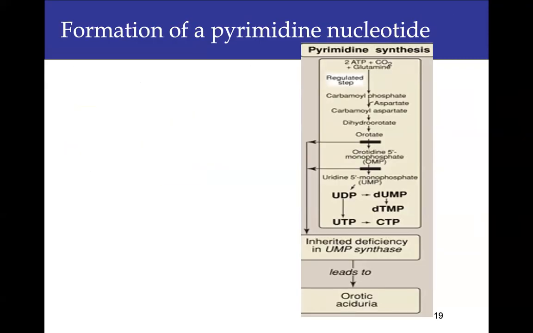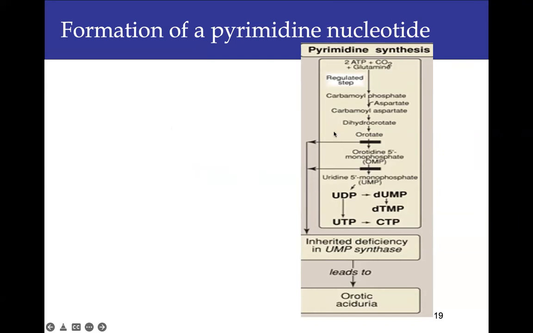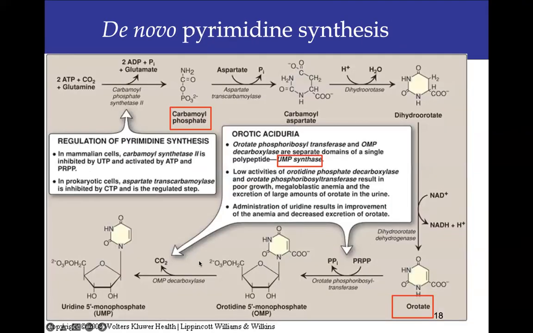Let me go back. Or actually, there's no need to go back. Essentially, the steps that are being stopped by this deficiency in UMP synthase can be overcome simply by giving the patient uridine. Let's go back here. So by giving the patient uridine, they will directly be able to produce UMP, overcoming these two steps.